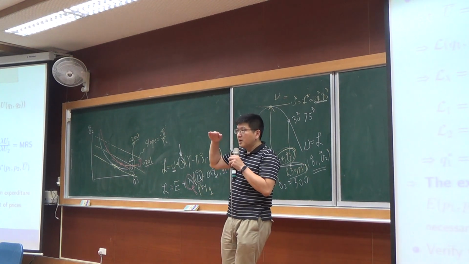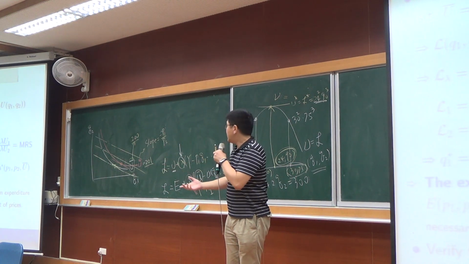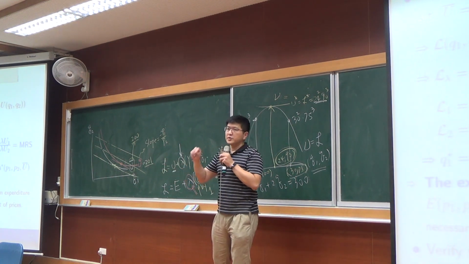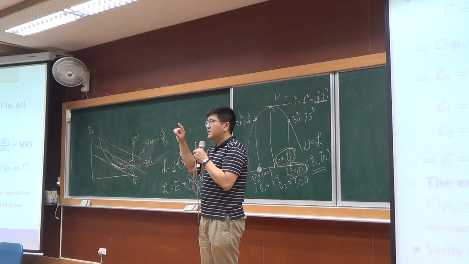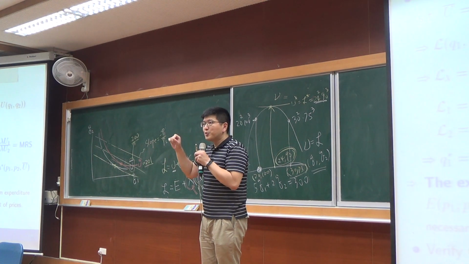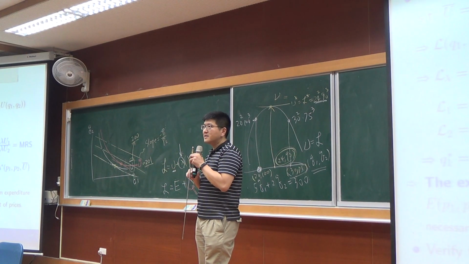You raise your target a little bit higher, I have to pay more. And lambda tries to capture the amount we got to pay due to your further requirements. Is that clear?